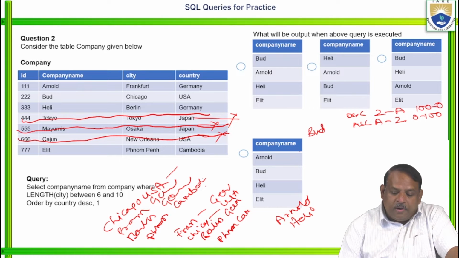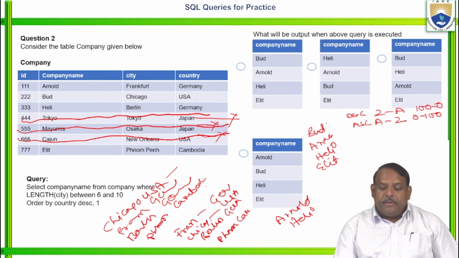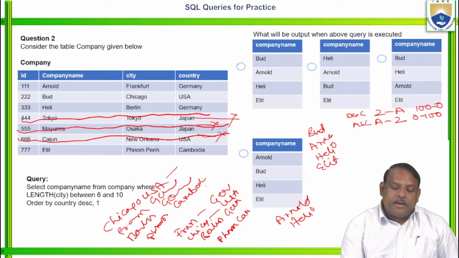It is Arnold. Berlin is Heli. And the fourth is Phnom, only one, the Elite. So the answer should be Bud, Arnold, Heli, and Elite. Here, out of the options, this is the right answer.